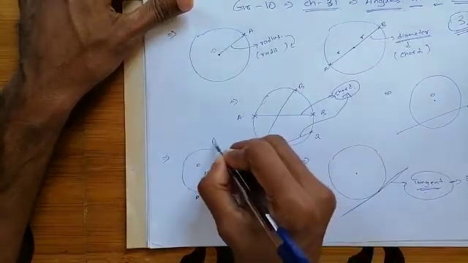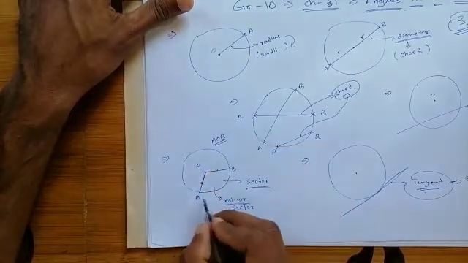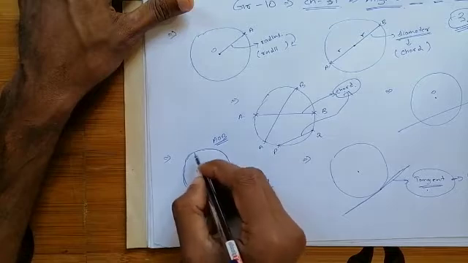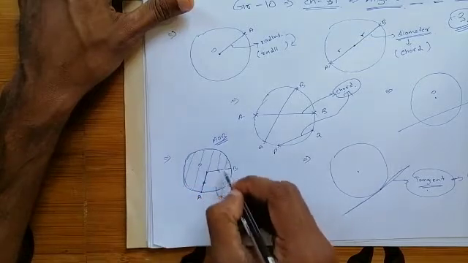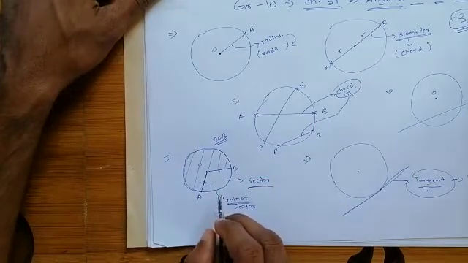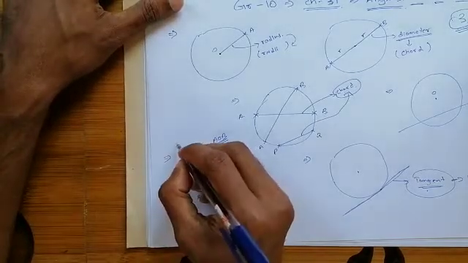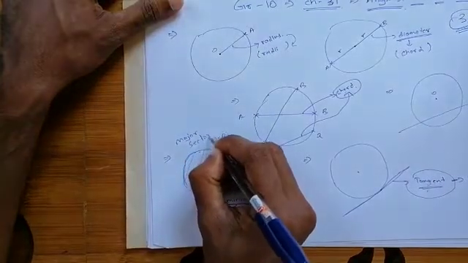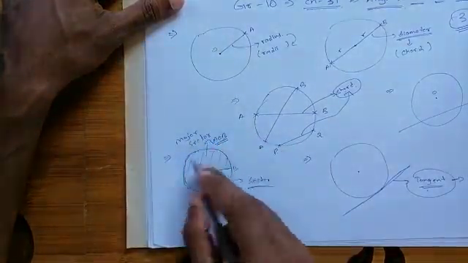also named as AOB. The larger portion, starting from here to here, is also called AOB, but with a different name. So it's called AOB major sector.